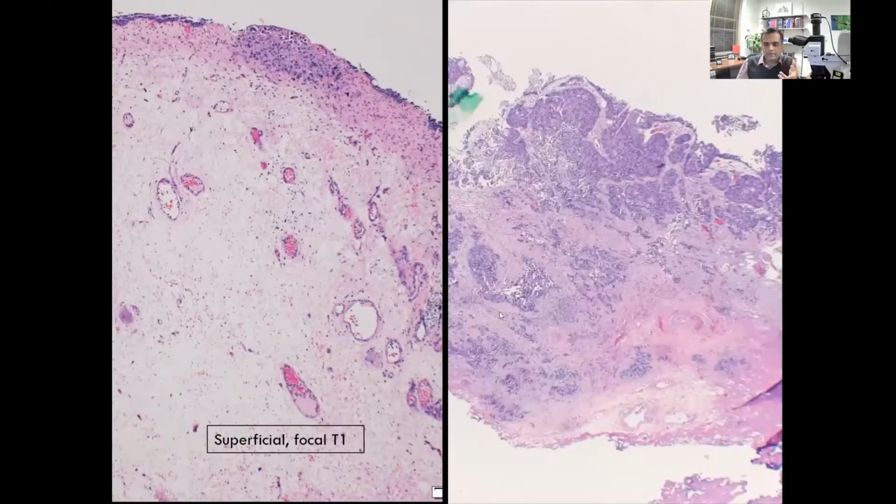In contrast, in this case, there's no point in just saying lamina propria invasion is present, right? So we have to say that there is very deep and very extensive lamina propria invasion. So most of our surgeons, when they hear this, they will treat this patient as if they have muscularis propria invasion.